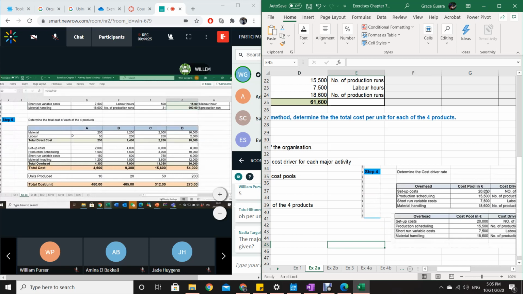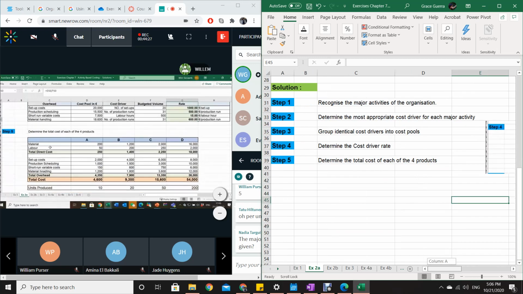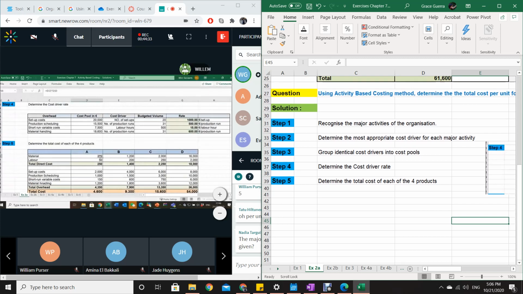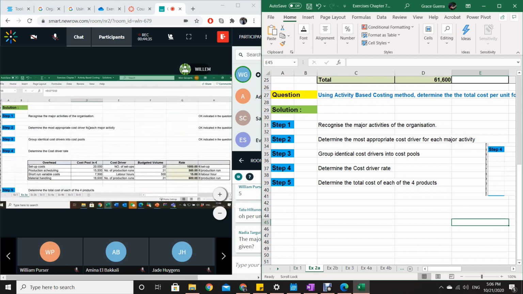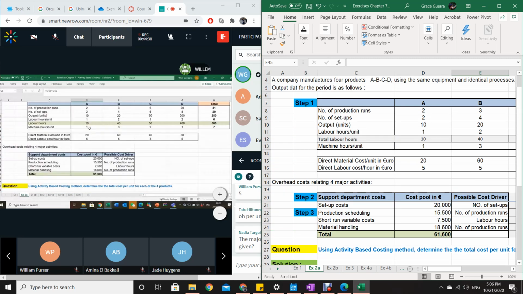In the first place, you go with the direct material cost. Right? Direct material cost 200. How do we come to that? We can say that the direct material cost is 20 euro per unit. There is 20 and there are 10 units, so the total direct material cost is 200.